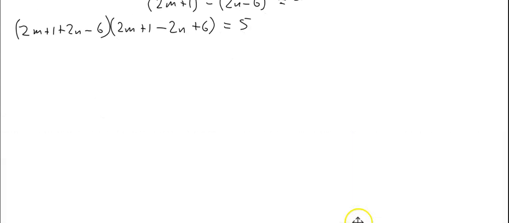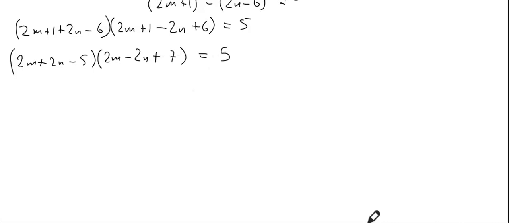And if I collect like terms and so on, I get (2m plus 2n minus 5) times (2m minus 2n plus 7) equals 5.